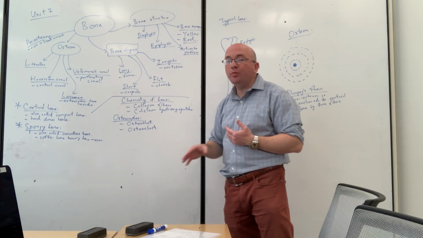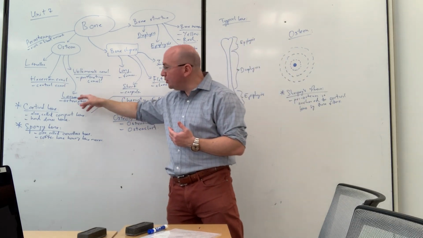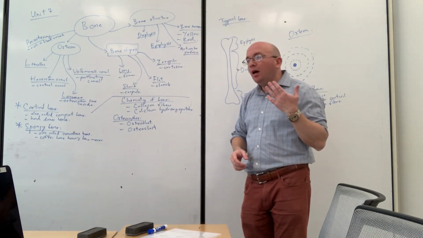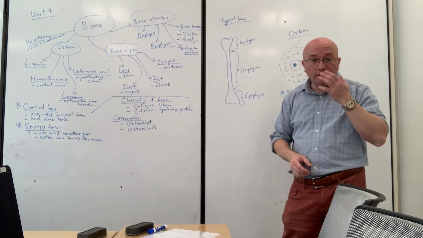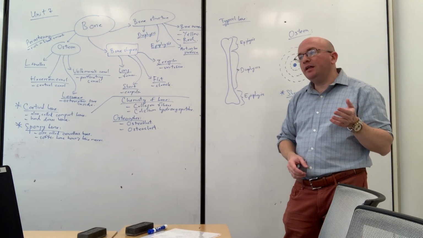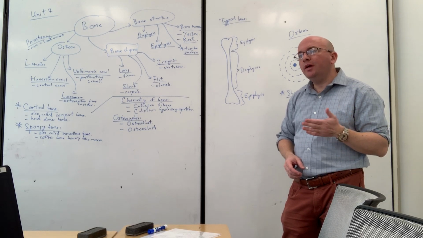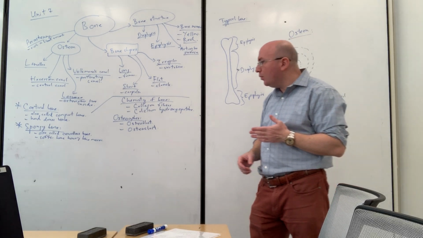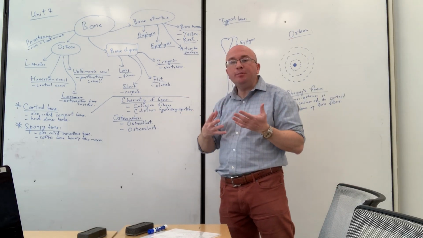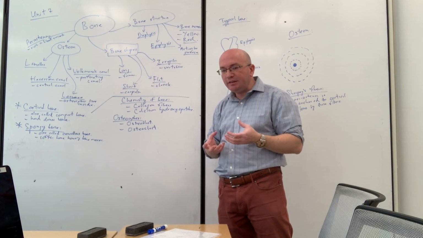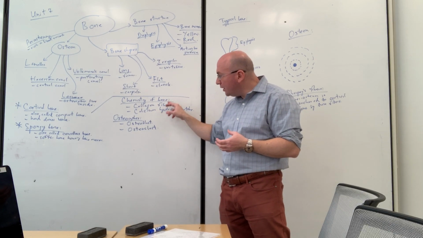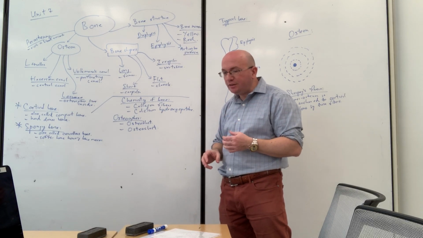When we think of actual bone cells, remember we said osteocytes live in these lacunae. Even though you might not individually see the osteocytes, we know that they come in two different forms. One is the cell that builds the bone, that synthesizes bone by taking all these components, collagen and calcium, together.